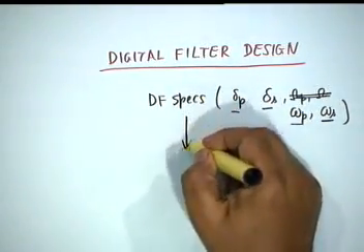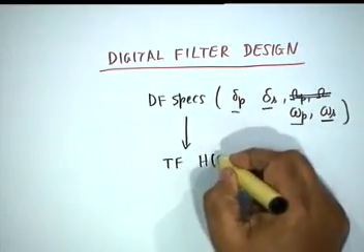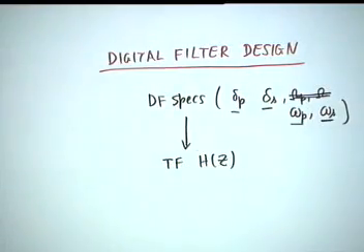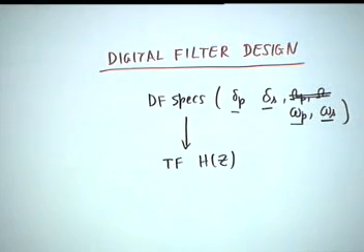From the specifications, then your job is to find out a transfer function h of z. The specifications we are talking about are magnitude specs. Usually we do not design digital filters to satisfy phase specifications, although there are situations where this is to be done.